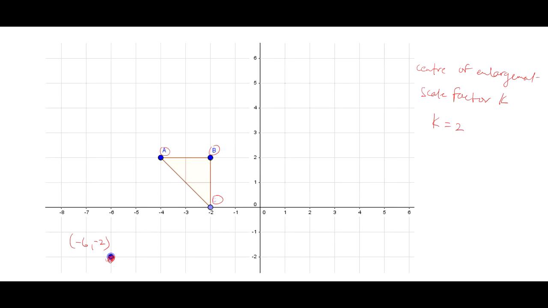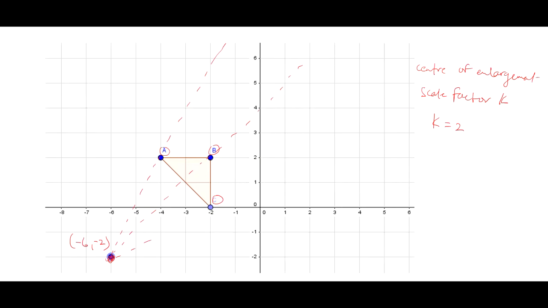Now how do we perform an enlargement on this triangle? Well, you draw a line from the center of enlargement through the point A. We just extend it, and then we draw a line through the point B and we extend it, keep going.